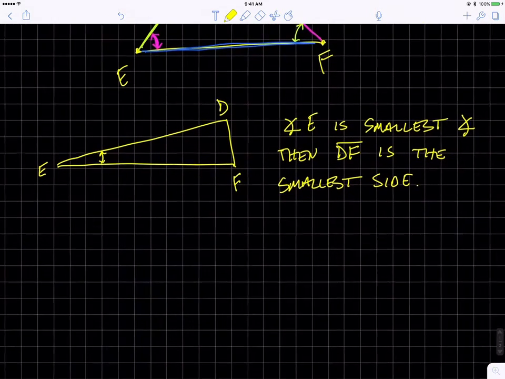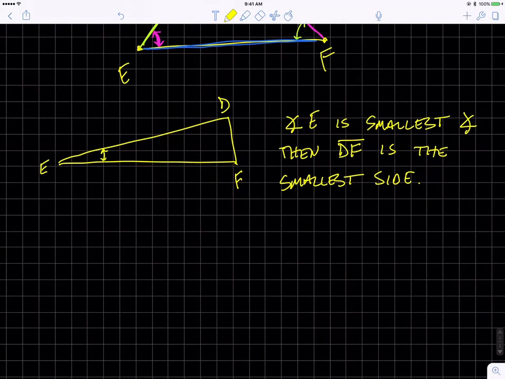And that's true for the largest angle and the largest side. If I made E the largest angle in the triangle, so I'll make it obtuse, here's my opening for angle E, a much bigger opening than before.